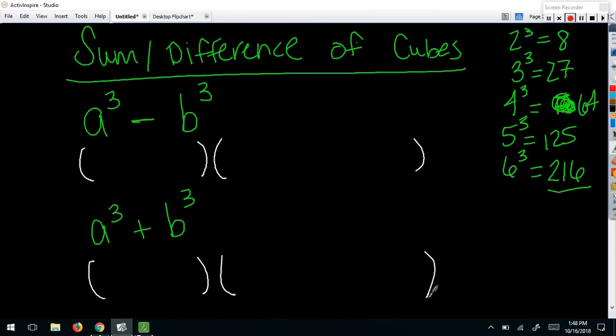And there's a pattern. We do same, so whatever you started with, same, change, but the end always has to be a plus. Same, change, plus every time.